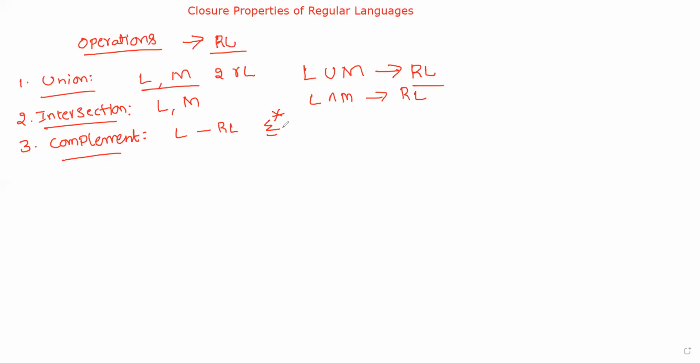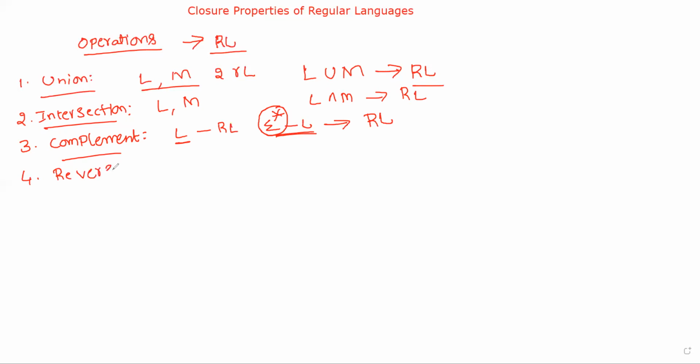What do you mean by complement? Complement means everything except that language. If L is a regular language containing some set of strings, and sigma star is the set of all strings, then the complement, sigma star minus L, is also a regular language. This is the property of complement.